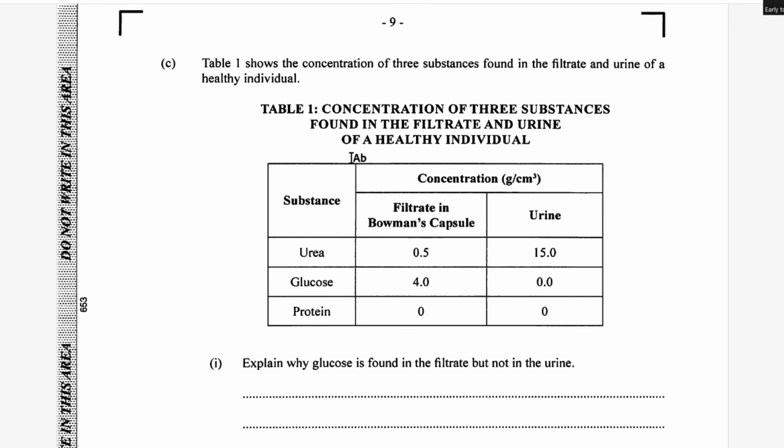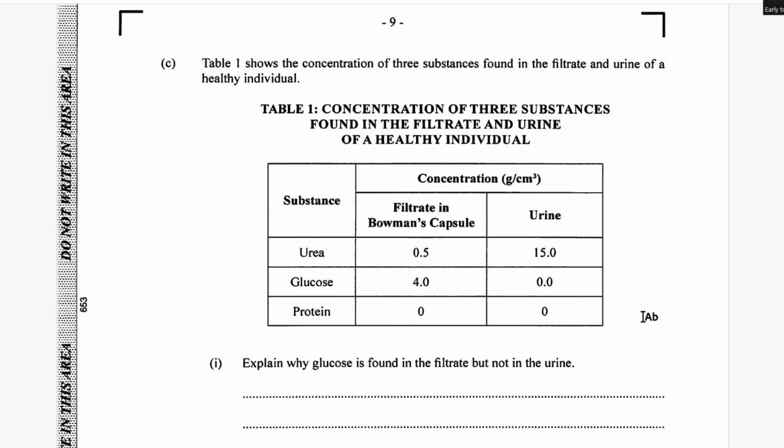It goes on to say in part C, table 1 shows the concentration of 3 substances found in the filtrate and the urine of a healthy individual. Explain why glucose is found in the filtrate but not in the urine. And this is in a healthy individual.